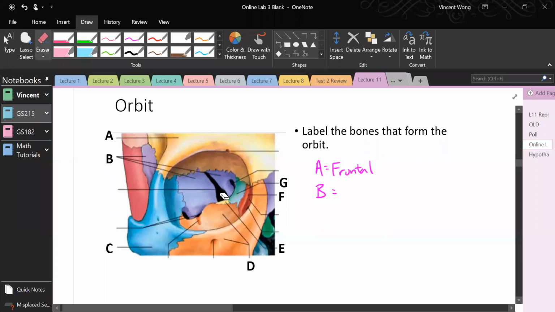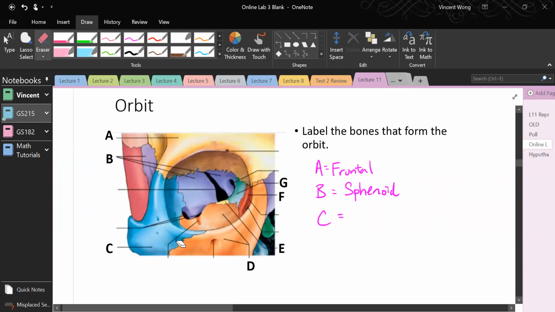There's a little gap in the back that allows the optic nerve to go through. Okay, that's the sphenoid bone. There's a little groove at the top of the sphenoid bone that allows the pituitary gland to sit in.